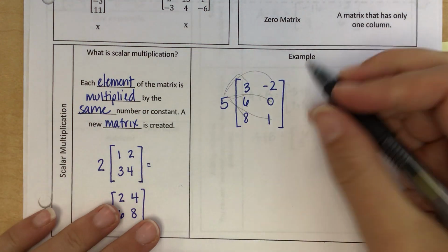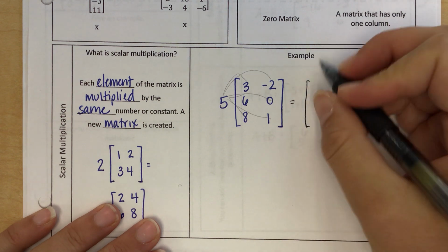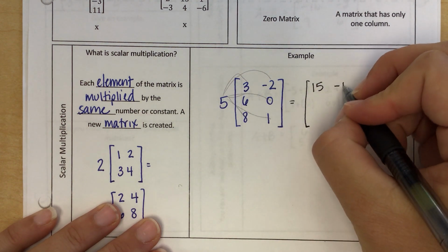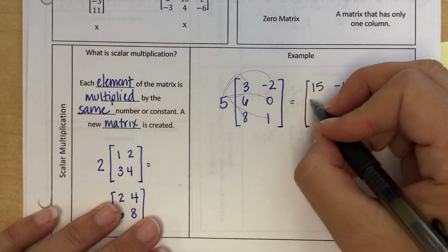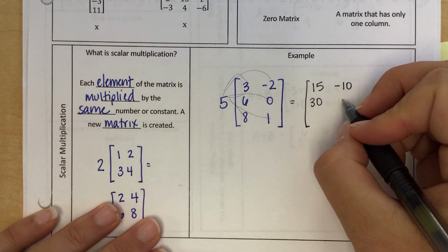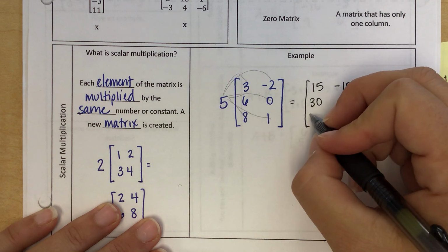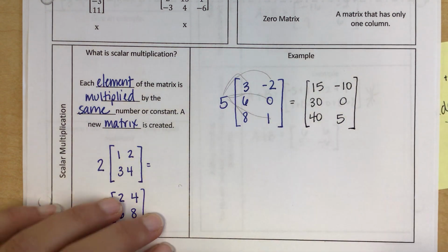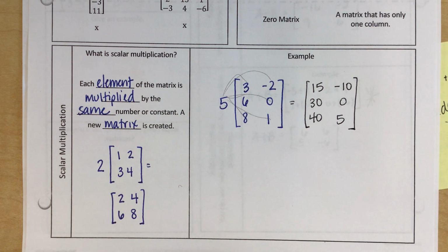Okay, so if I multiply everything by 5, this now gives me 15, because 5 times 3. 5 times -2 is -10. 5 times 6 is 30. 5 times 0 is 0. 5 times 8 is 40, and 5 times 1 is 5. And that's it. That's all scalar multiplication is.